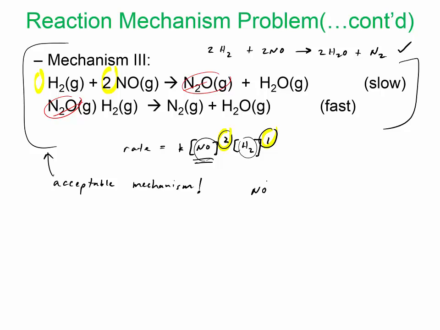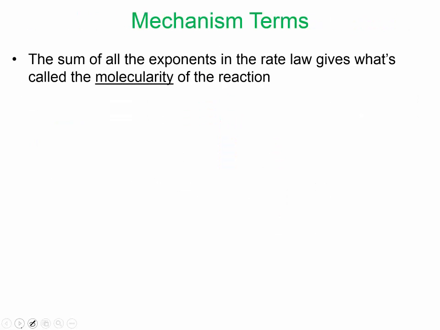So 2 NOs must collide with one of these, and they all need to collide with the correct orientation. So here's my collision. This is how you determine the overall molecularity: these exponents are additive. The sum of all the exponents in the rate law gives what's called the molecularity.